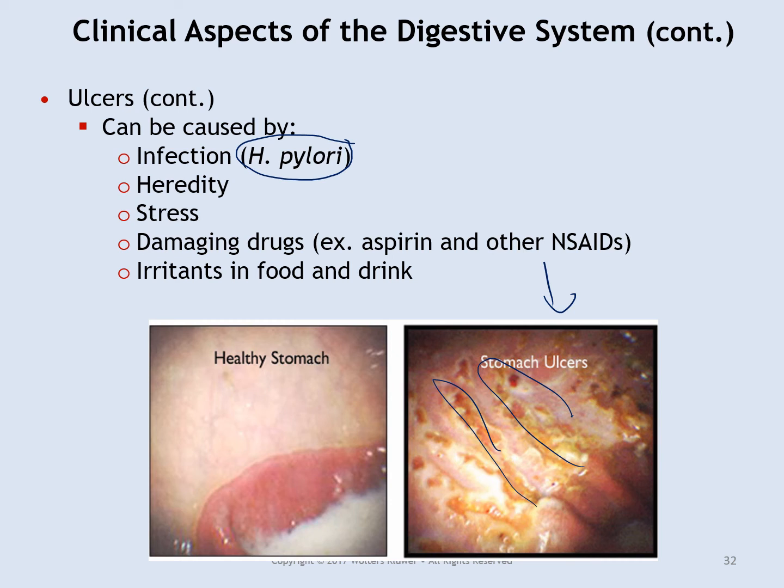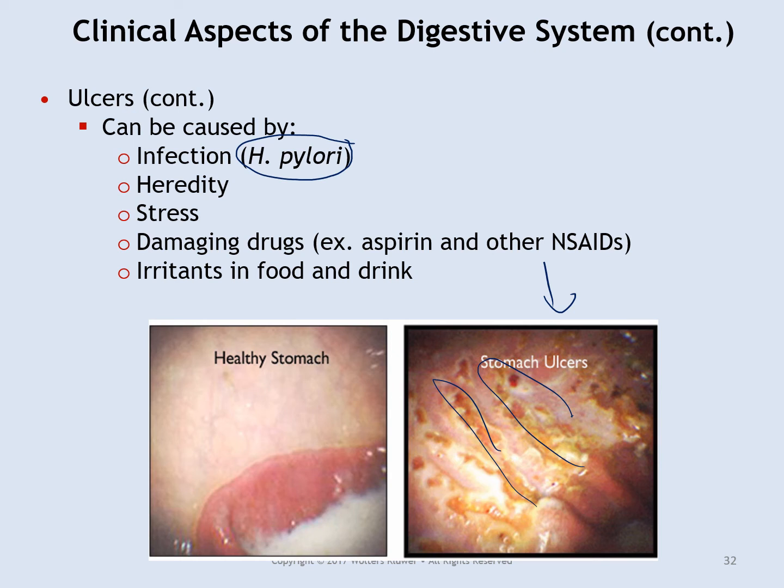It also can contribute to the risk of stomach cancer. Now, there is some merit in the idea that stress causes stomach ulcers, just because if you're stressed, that decreases the effectiveness of your immune system. But for the most part, that's not the main contributor.